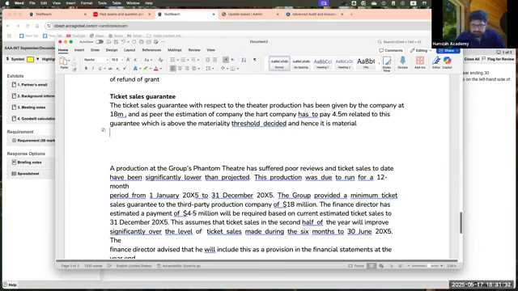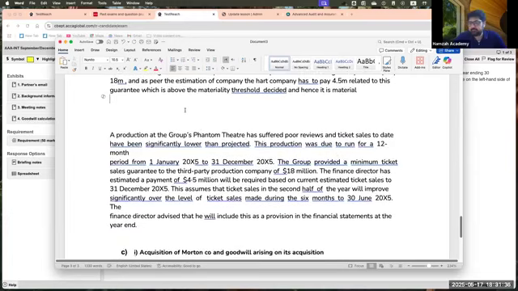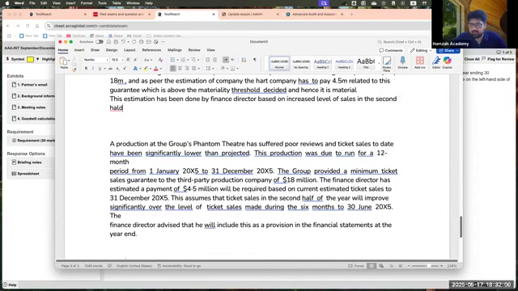Now, this estimation has been done by the finance director based on increased level of sales in the second half of the year, to 30th June.